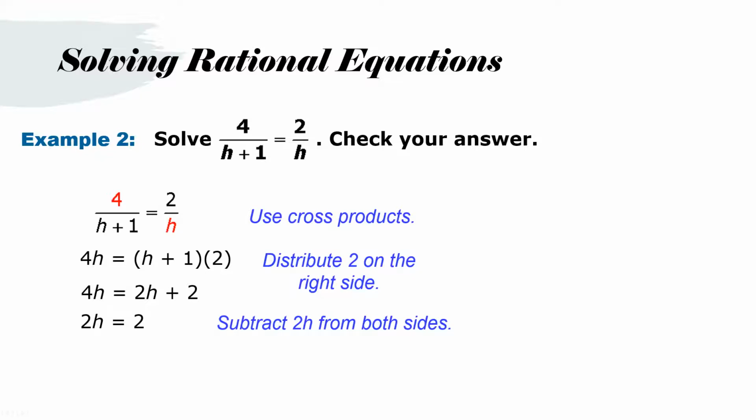Then the question, again, to get the value of h, we are going to consider h as a number. So what would be the number that if we multiply it to 2, the answer is 2?